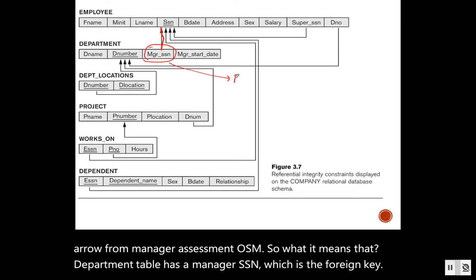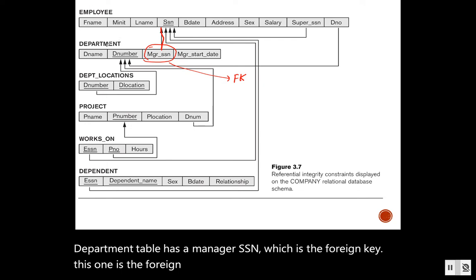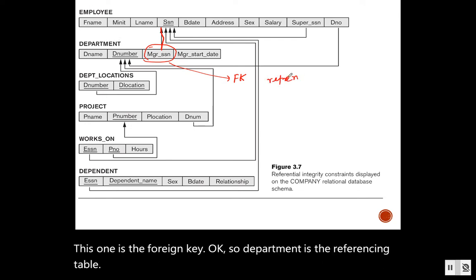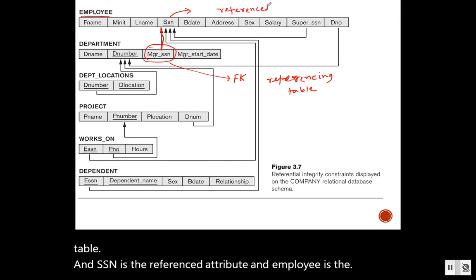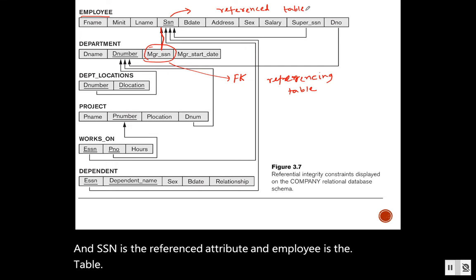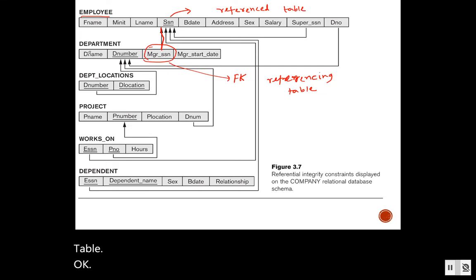So department is the referencing table, and SSN is the referenced attribute and employee is the referenced table, okay.